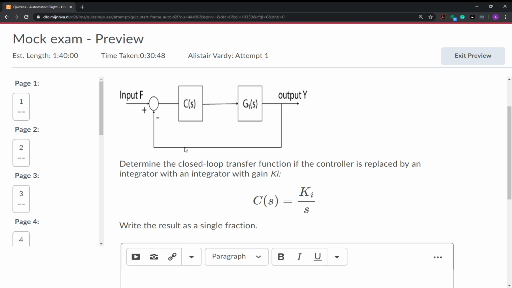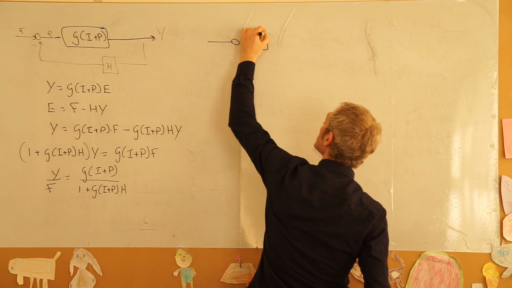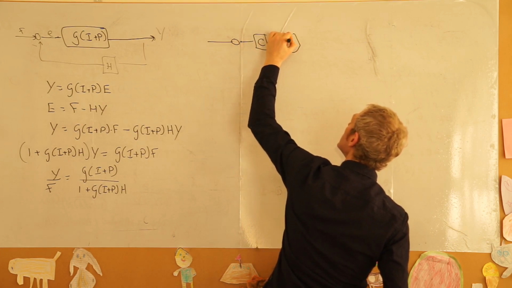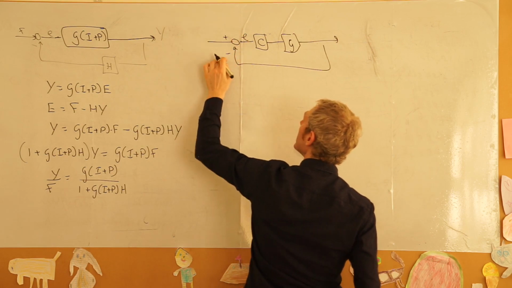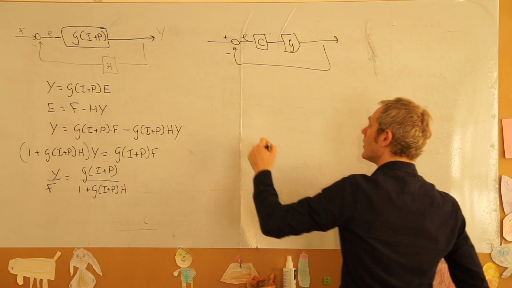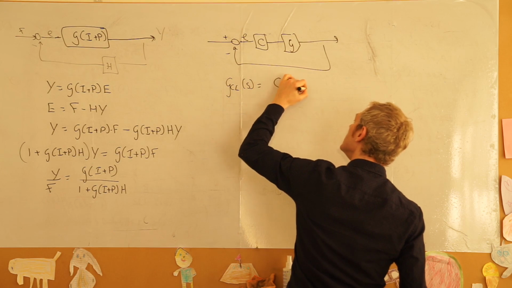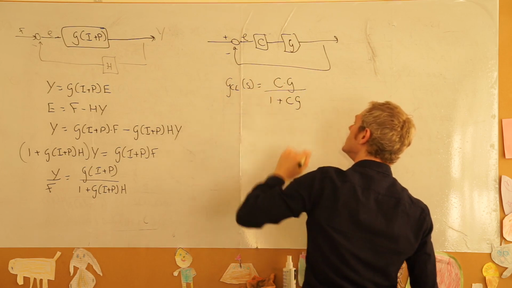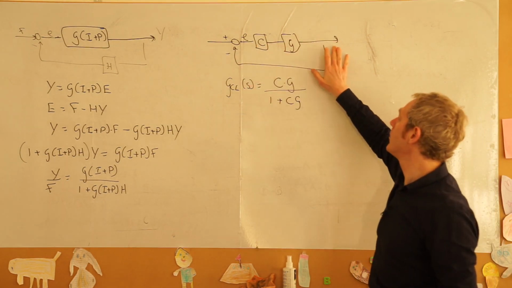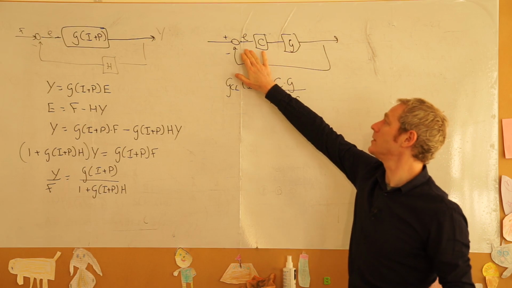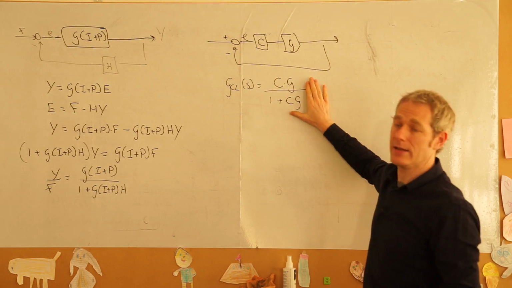And we've pretty much covered that if we have some kind of controller and some kind of system, and we have our output with our error here, and we have a minus sign there, then we know that the closed loop system is C times G over 1 plus C times G. We can do that by giving E a name, and we know the output is G times C times E, and the error is simply the input minus the output, and then we get this.